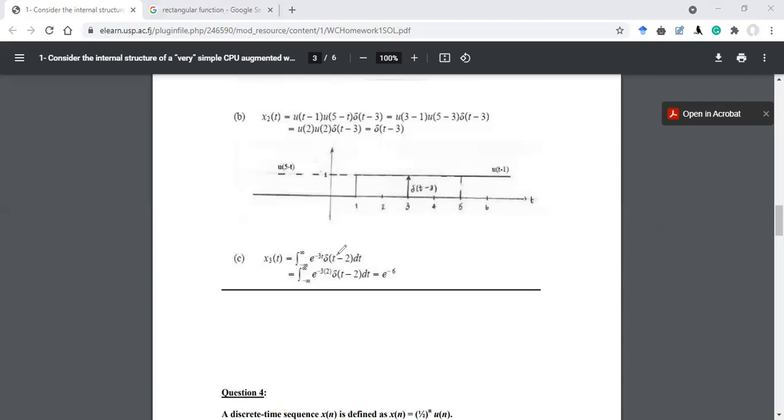The function will reach delta of 0 only when t is equal to 2. So in order to get delta of 0, the t value has to be 2.